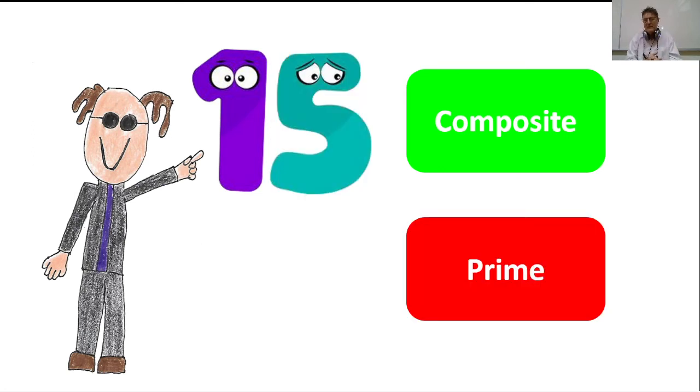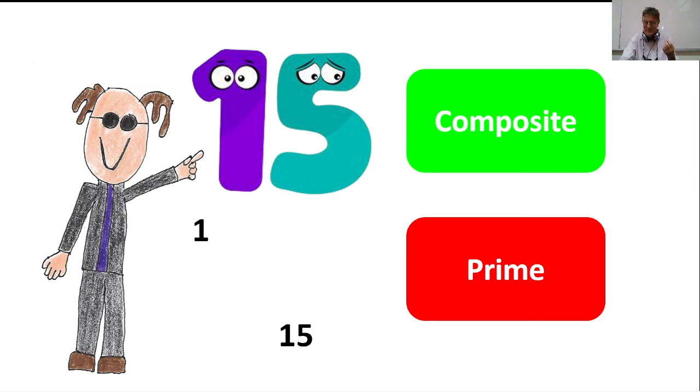15. Is this a composite or prime number? It's not an even number. 15 is an odd number. But is it composite or prime? 15 is divisible by 1, because every number is divisible by 1, and also by itself, because every number is divisible by itself. Any other numbers?